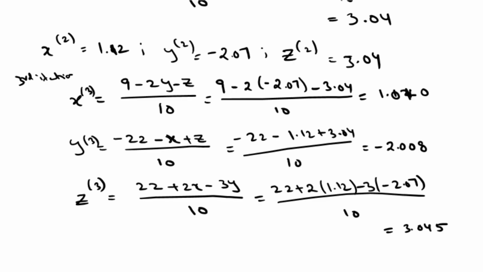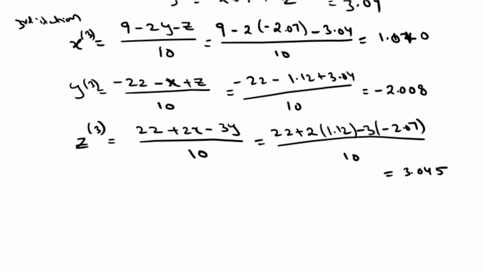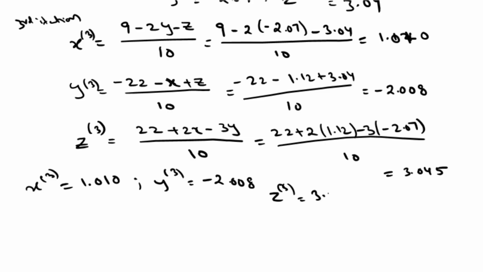Now again we are doing the same thing for fourth iteration by considering the values of x3 for the third iteration, which is 1.010, y3 is minus 2.008 and z3 is equal to 3.045.